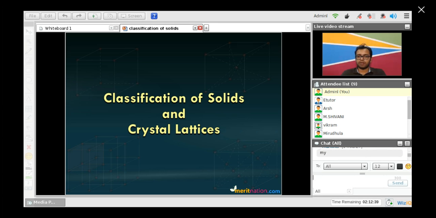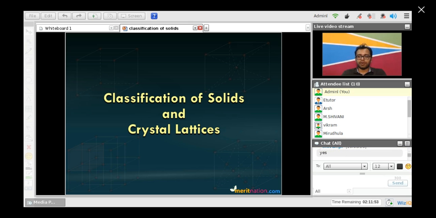Yeah, it is there in every 12th standard syllabus, whether it is CBSE, ICSE, or any other syllabus. Okay, you are in 10th. Exactly, it is in 12th, right? So this is a 12th standard chapter.